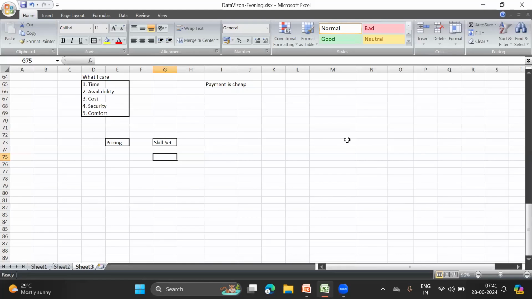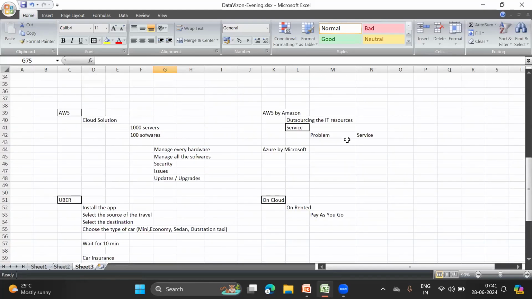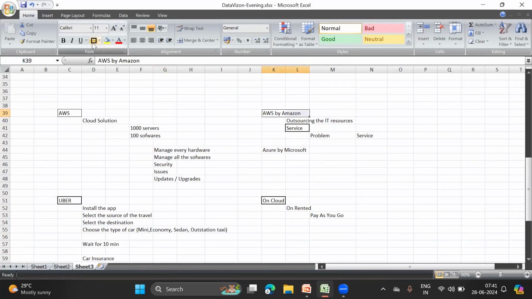Okay, good question. Thank you so much. So now coming back to the same thing, I told that every cloud provider has their own benefits and every cloud provider has their downside as well, right? Right now, why is AWS having a very good market? Because it was early in the race. If I'm not wrong, AWS was first introduced in 2006, so you can see that they are in the cloud market for around 18 years. 18 years is a very, very long time.